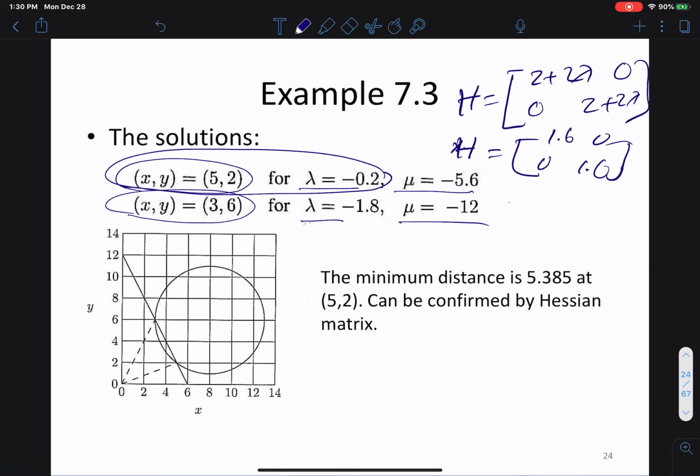And if you remember from the last one, its eigenvalues would be 1.6 and 1.6, a positive definite matrix.